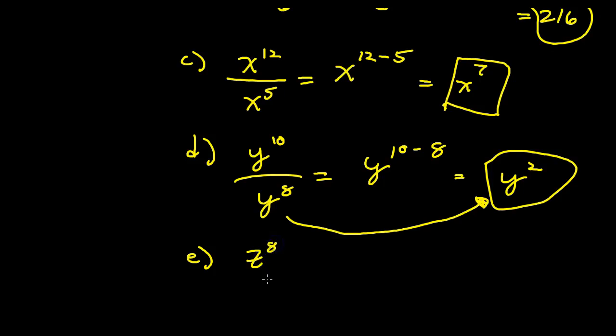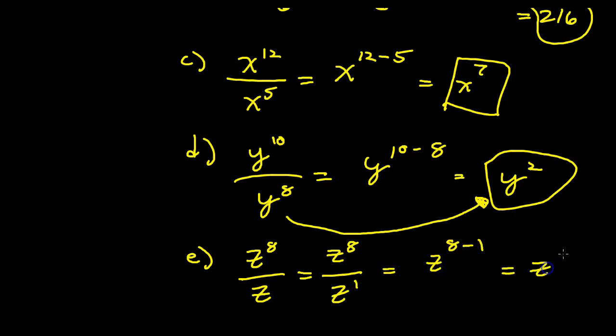Part E in example 5, z to the 8th power over z. Well, of course, in the denominator, z is just z to the 1st power, one factor of z in the denominator, and hence invoking that rule, z to the 8 minus 1 is z to the 7th power.